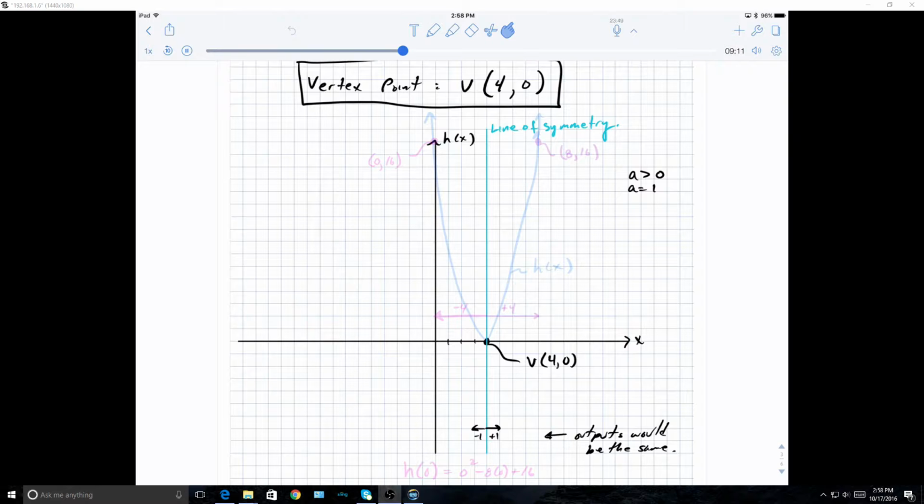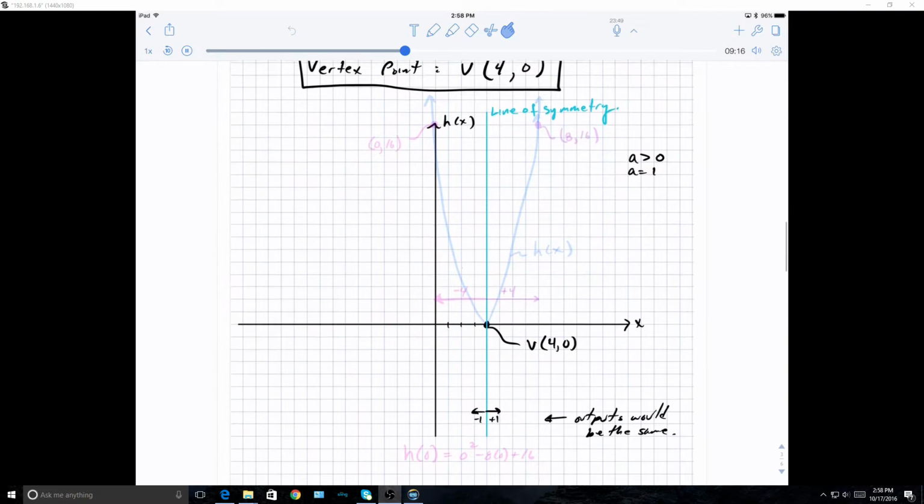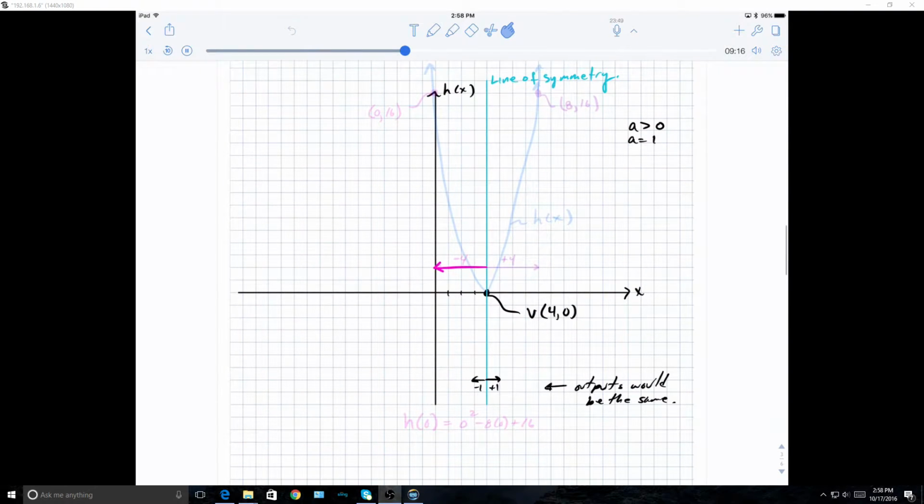So what I meant earlier by taking an easy value to go back to is that I'm actually going to go all the way back 4 units, because then I can evaluate h at 0. And that is an easy evaluation to do.